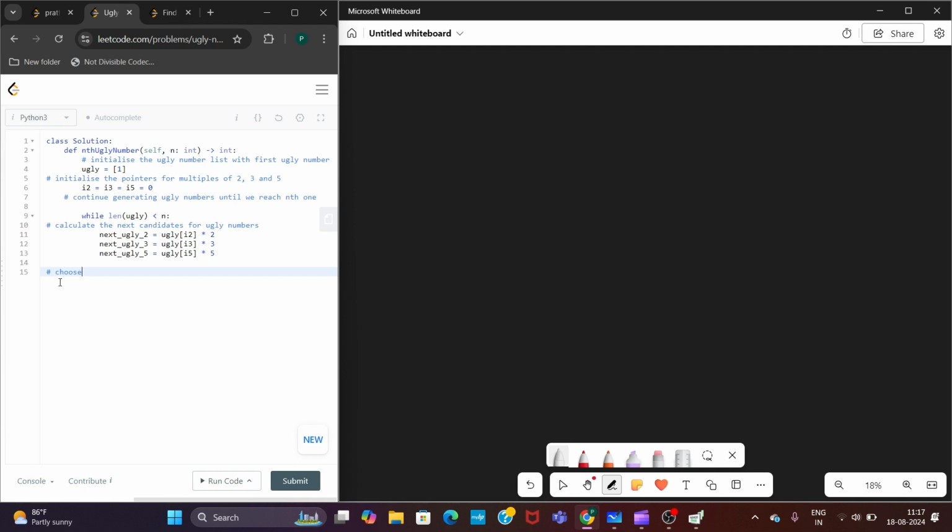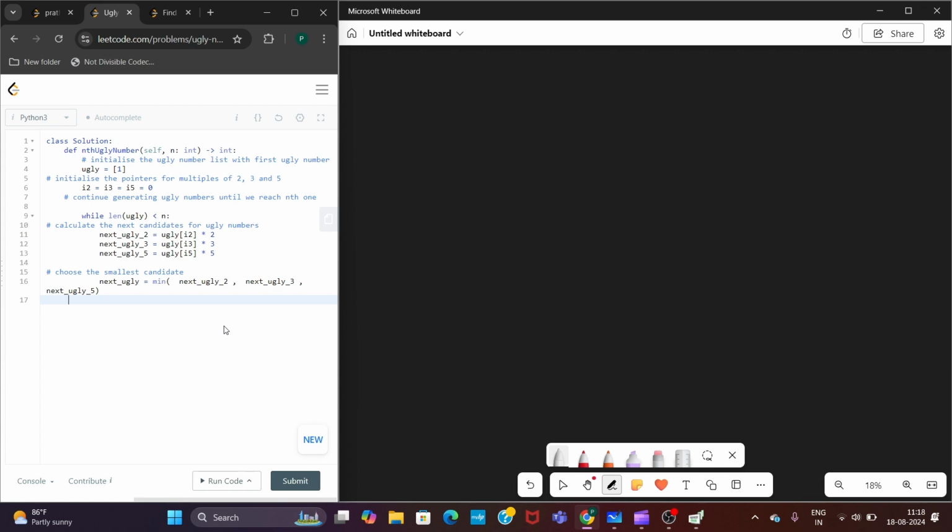So we will choose the next ugly as the minimum of these numbers: next ugly 2, comma, next ugly 3, comma, next ugly 5. We will be finding the minimum of it.